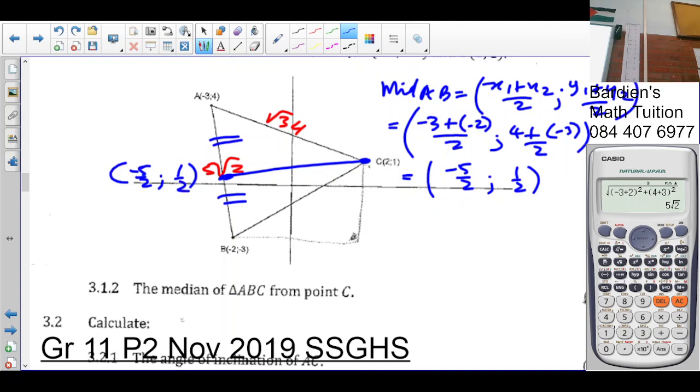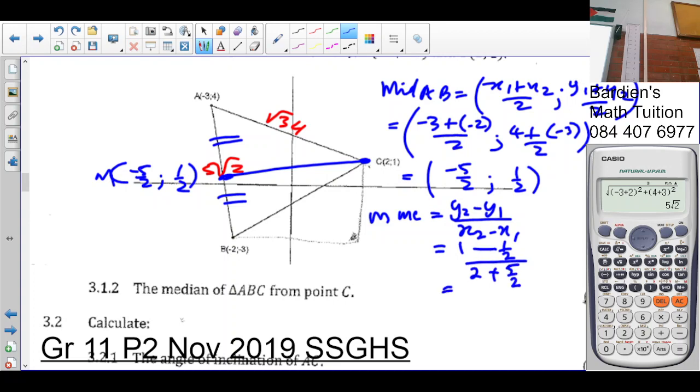So from here it's just a matter of calculating the equation of that line. So the gradient of MC is going to be y2 minus y1 over x2 minus x1. So it's 1 minus a half over 2 minus negative 5 over 2. Okay? So it's 1 minus a half over 2 plus 5 over 2. Gives you 1 over 9.